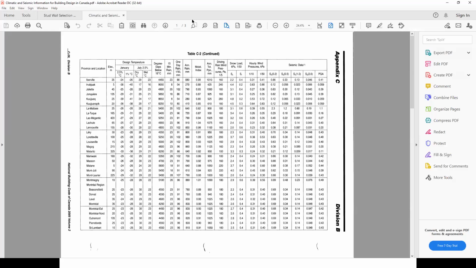In our case, we are in Montreal, and it makes no difference where we are in Montreal. They're all about the same. So we are here, and we're looking for the probability of 1 in 50. This becomes our Q value for Montreal.